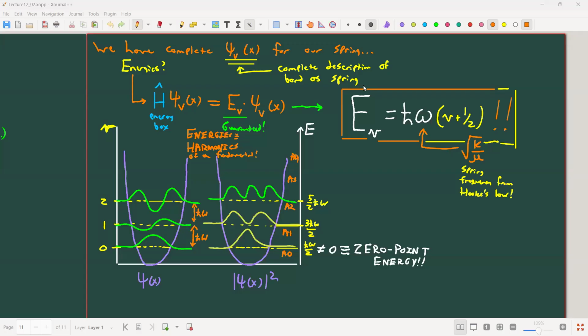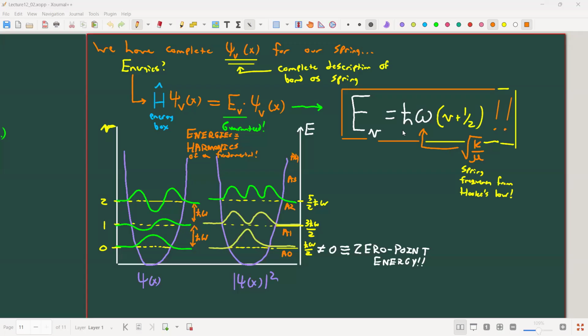The 2 big consequences of this is, well, we can talk about the interpretation of the wave functions in a second, but the more interesting results about the harmonic oscillator are the energies of the harmonic oscillator, which are amazingly simple. Right? The energy of a harmonic oscillator is h bar omega, where omega is that spring constant frequency that we calculated for the classical spring.